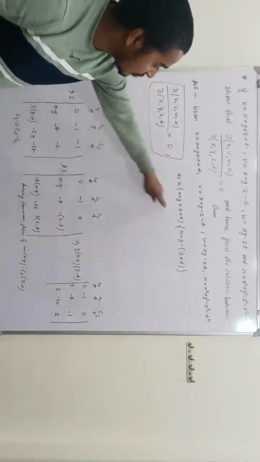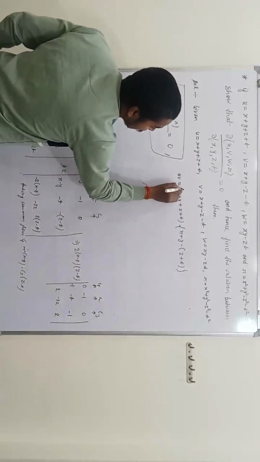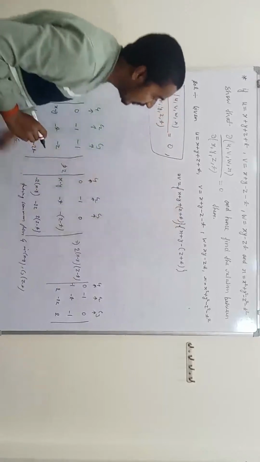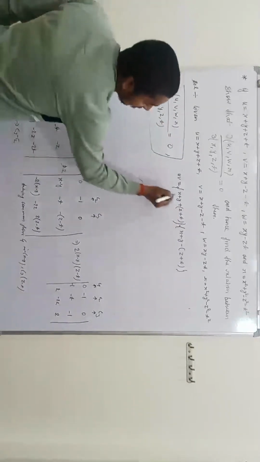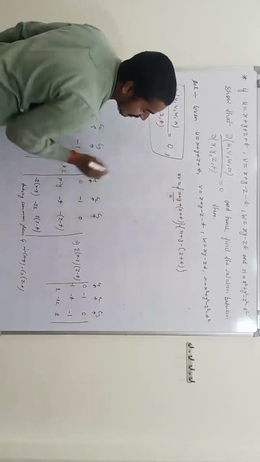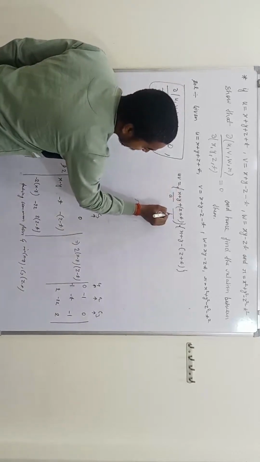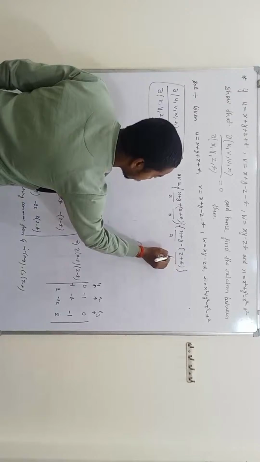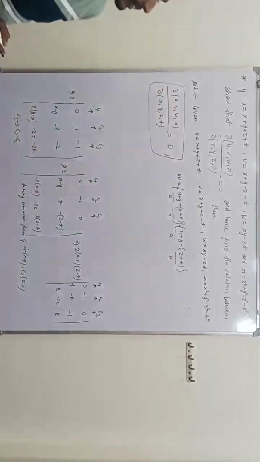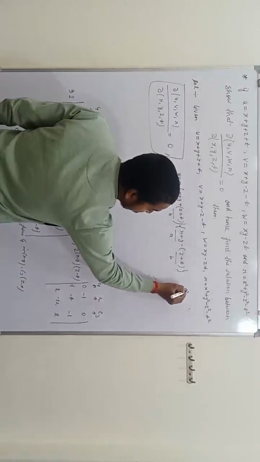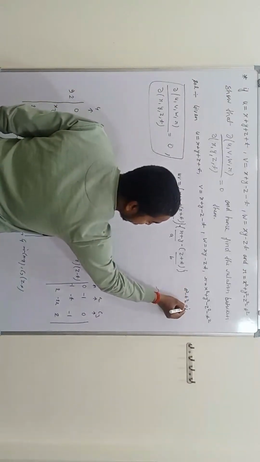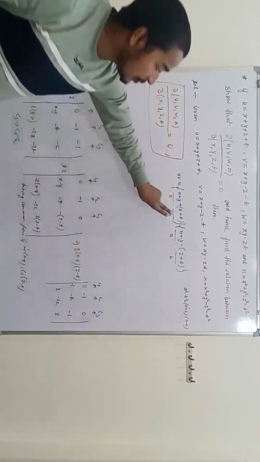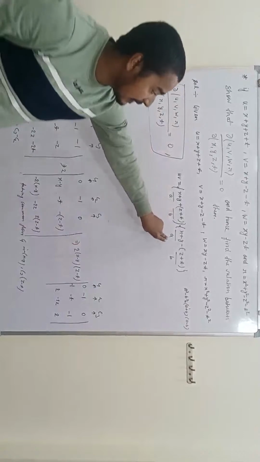From here we can also write this in curly brackets. Let x plus y be a, and z plus t be b. We know the following relation, that a square minus b square is given by a plus b and a minus b.